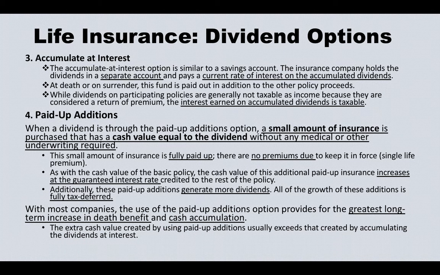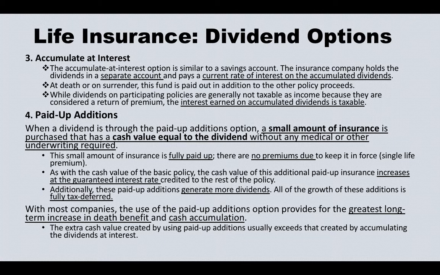With most companies, the use of the paid up addition option provides for the greater long-term increase in the death benefit and cash accumulation. The extra cash value created by using the paid up addition usually exceeds that created by accumulating dividends at interest. So you can see here, at the beginning, if you buy a whole life insurance, your cash value is quite low, so you may not get that much in dividends.